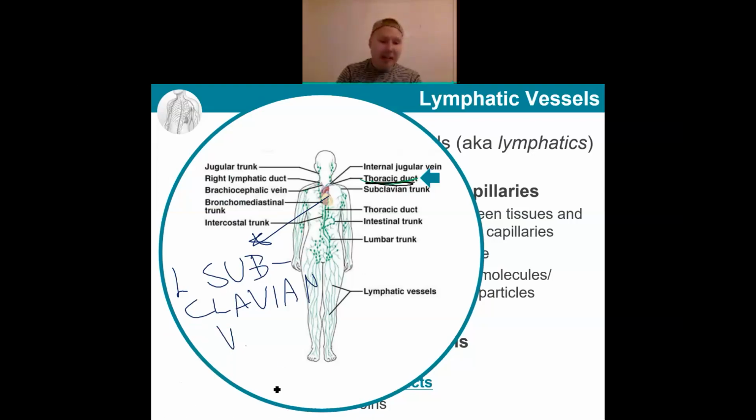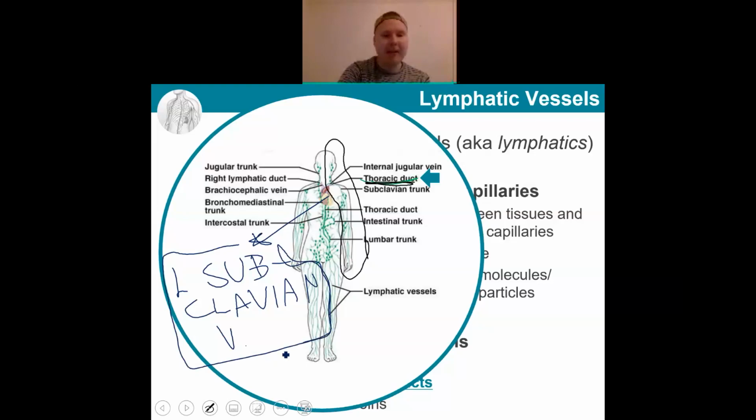Again, the thoracic duct drains our left side of the upper limb and neck, and it empties its contents into the left subclavian vein. So both on the right and left side, the lymphatic system eventually dumps its contents into the subclavian, and the subclavian then runs directly to the heart.